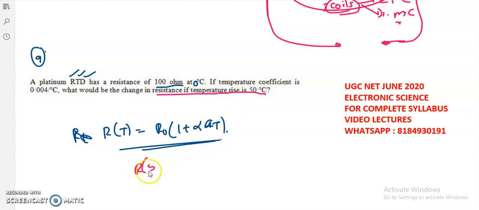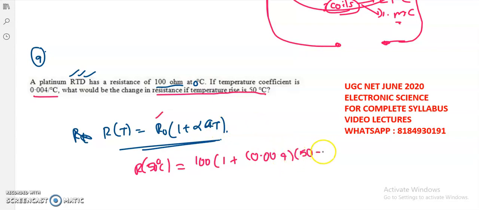So R of 50 degree centigrade is equal to R naught, which is nothing but the resistance at 0 degree centigrade. Here they gave it as 100 ohm. 100 into 1 plus alpha, the temperature coefficient given as 0.004, into delta T.